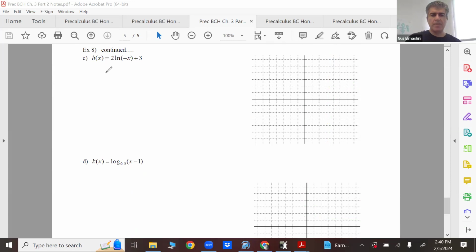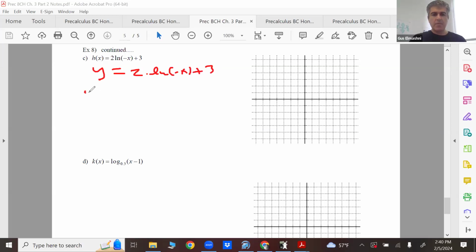Being kind of lazy, but I guess if we, yeah, Brooke, go ahead. You can actually, yes, that's a good observation. You could say, for example, y equals 2 times ln of negative x plus 3.